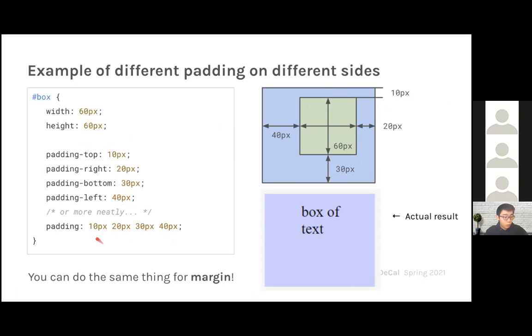Alternatively, we can also use the shorthand, again, top, right, bottom, left, in this sort of circular fashion, where this corresponds to the padding on top, the right, the bottom, and the left. And you can also do the same thing for margin using this shorthand.